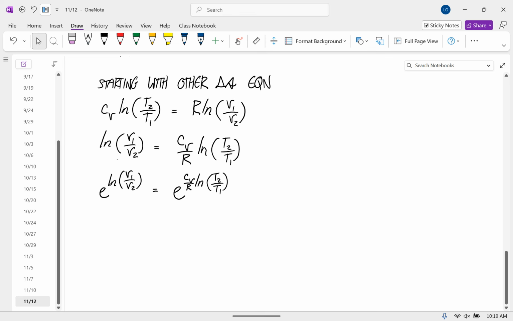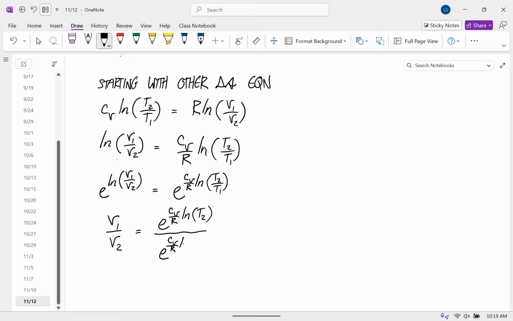And so that gives you V1 over V2 is equal to e to the Cv over R natural log of T2 divided by e to the Cv over R natural log of T1.